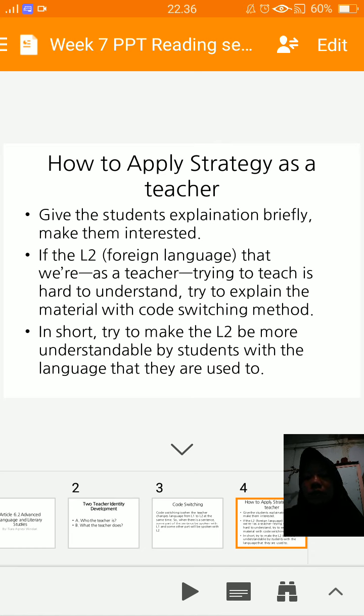So the next is, if the foreign language is kind of hard for the students to understand, we need to change the way we teach. We need to try the method called code switching.